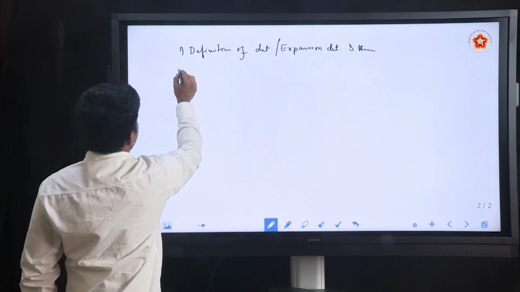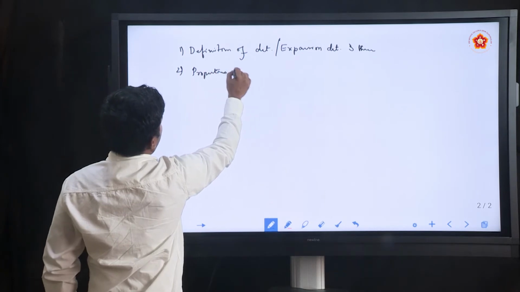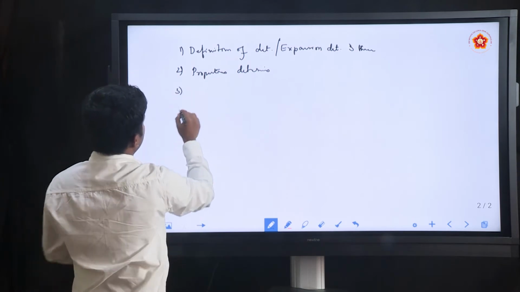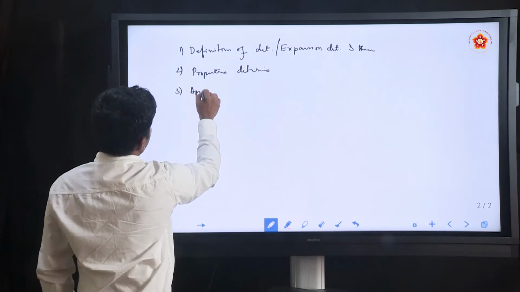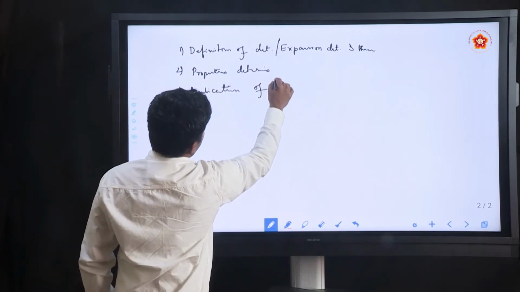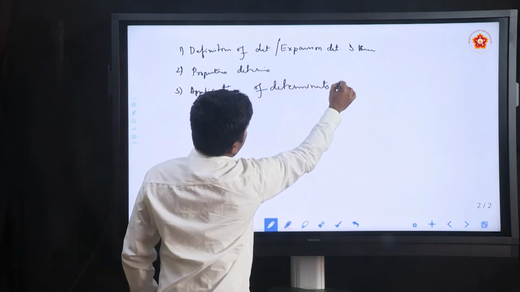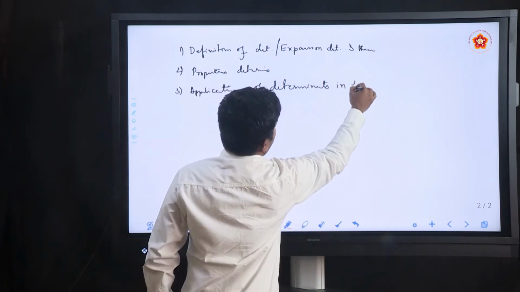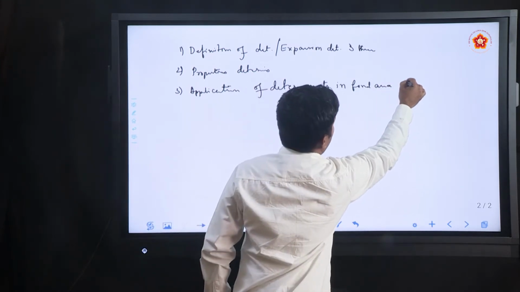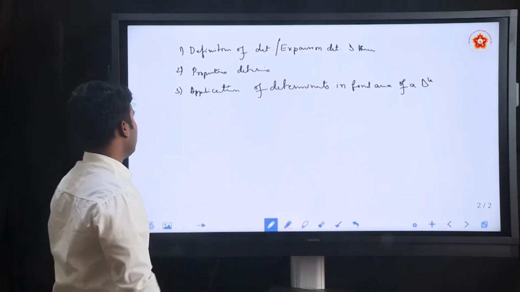Next, we have various properties of determinants, and the application of determinants in finding the area of a triangle and also the equation of a line joining points.